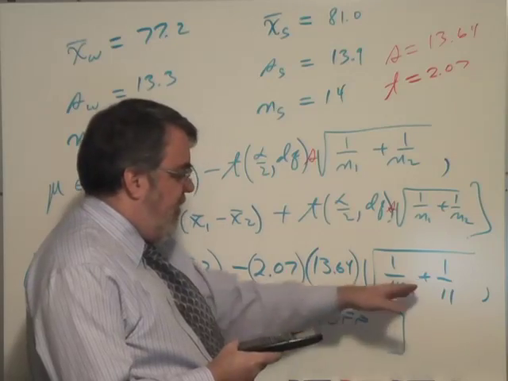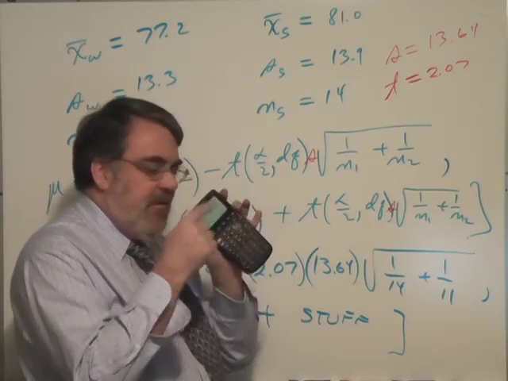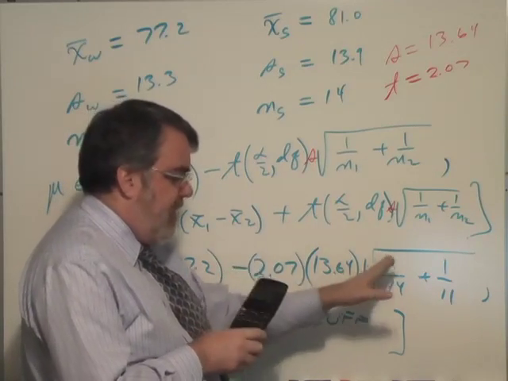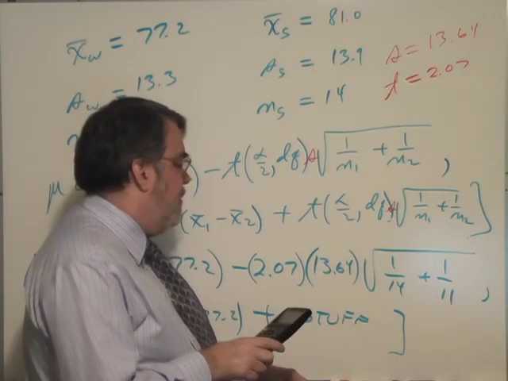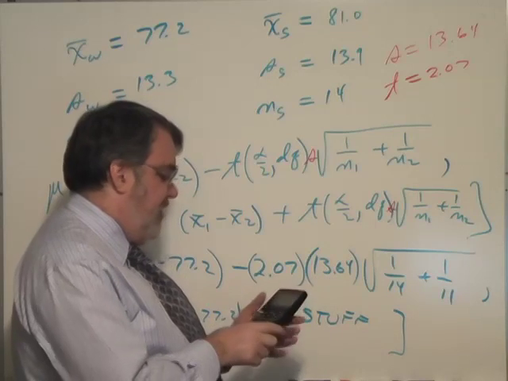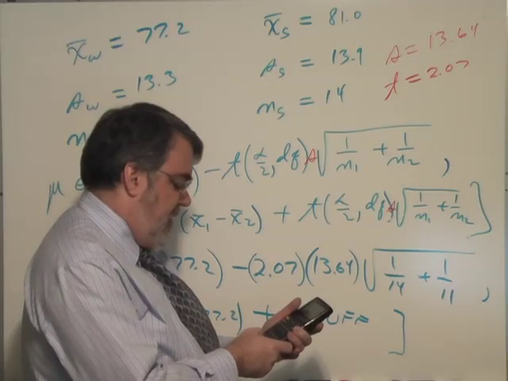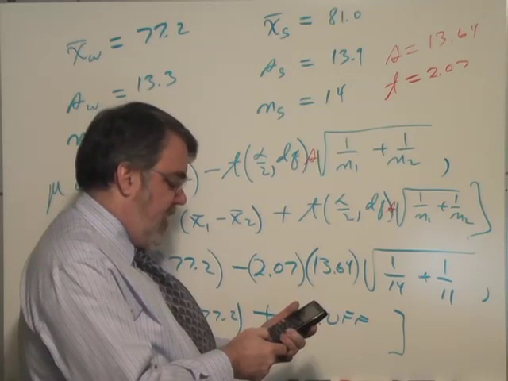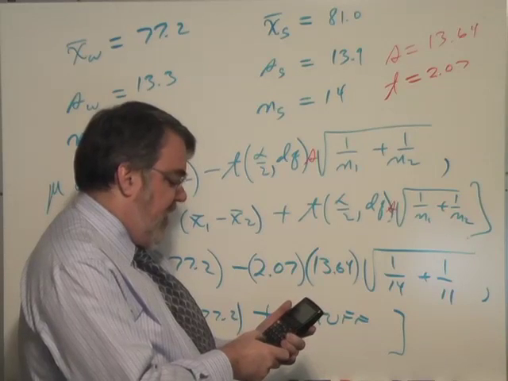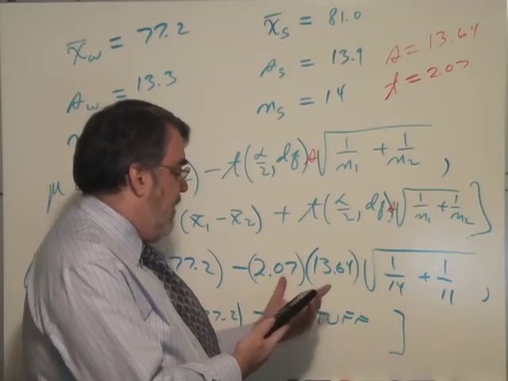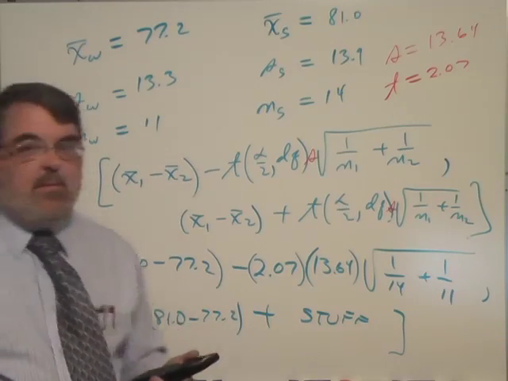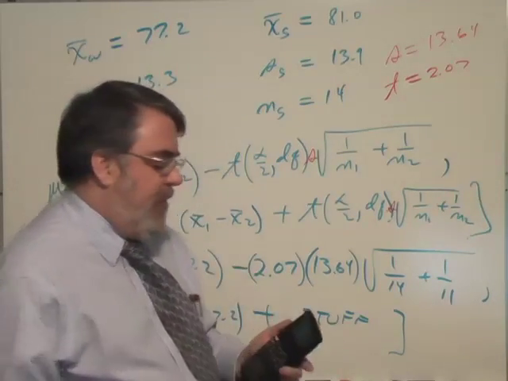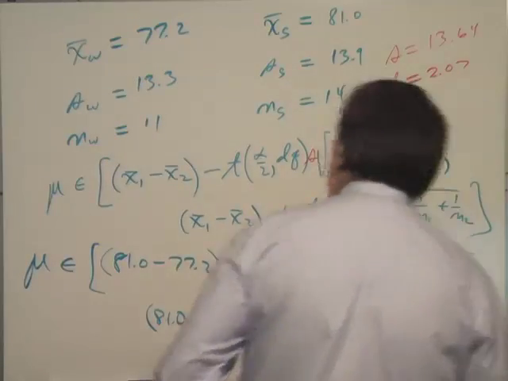I get 0.40 something. Now I'm using all the decimals on my calculator, by the way. So I have 0.40291148 on my calculator. And now I multiply by these numbers, 13.64 times 2.07, and hit equal. I have the margin of error is 11. I'm going to use 11.4 this time. It's 11.4 is the margin of error.